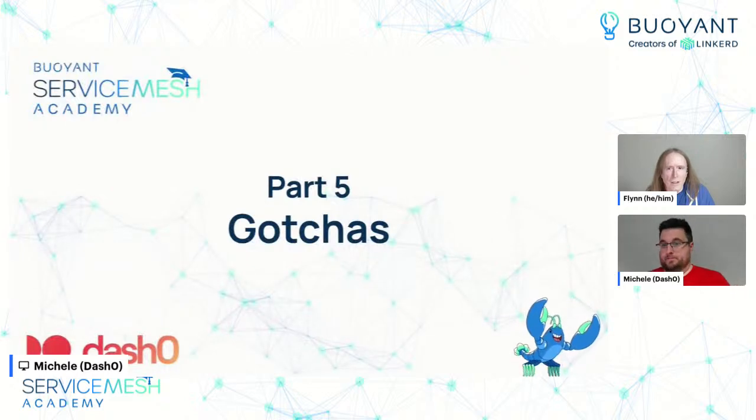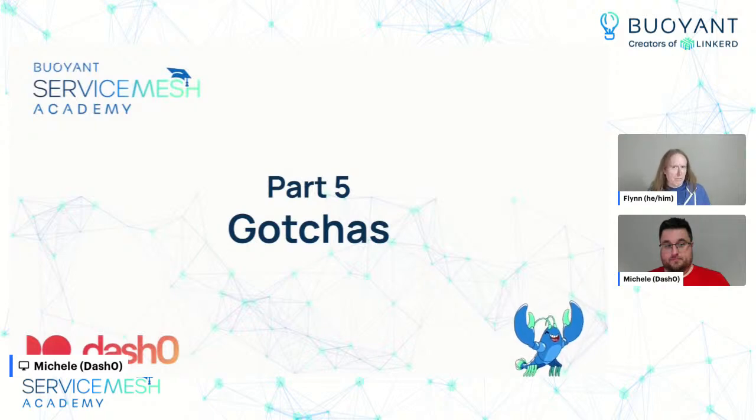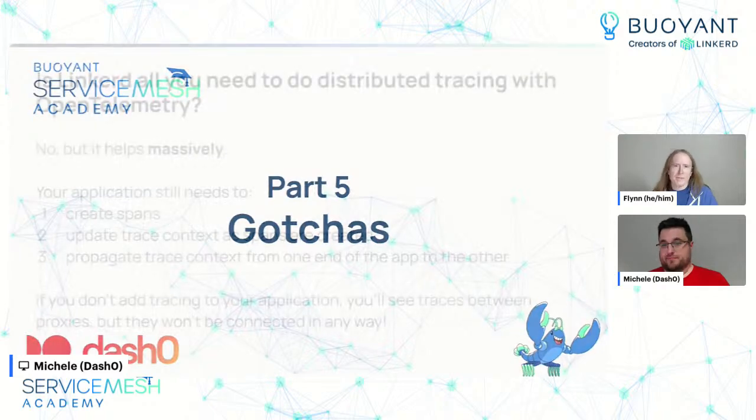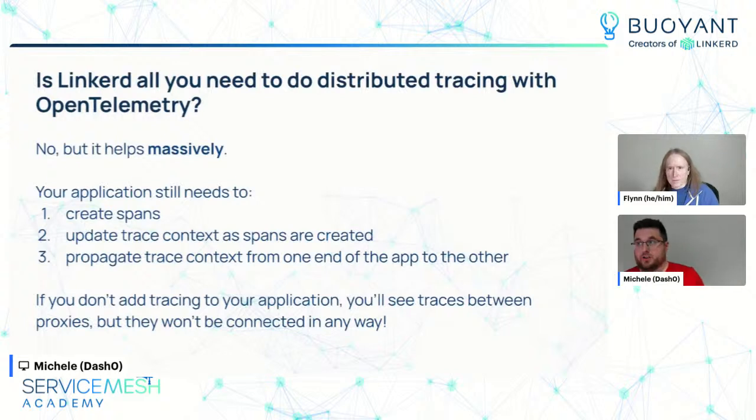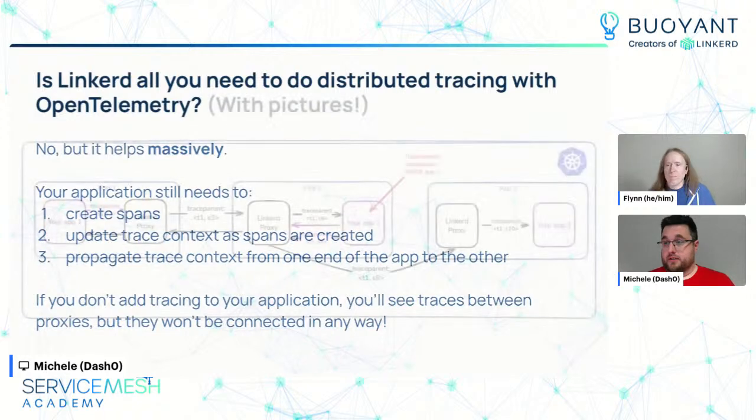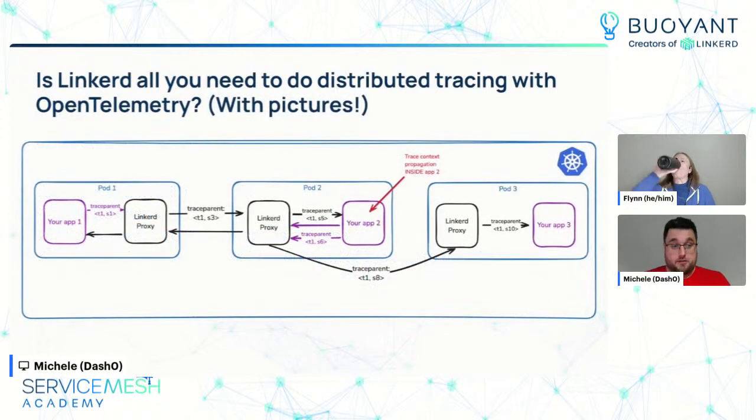All righty. Gotchas. I think we've talked about these already, but it's good to summarize. Is Linkerd all you need to do distributed tracing with OpenTelemetry? The answer is no, but it helps a lot. As we discussed earlier, your applications need to collaborate in order to build the traces as they actually happen.